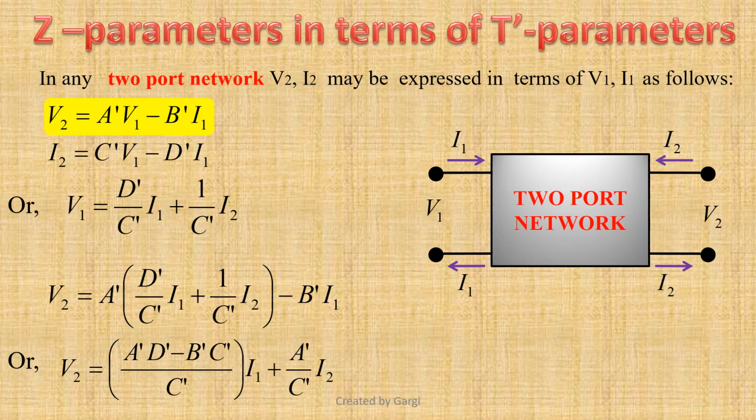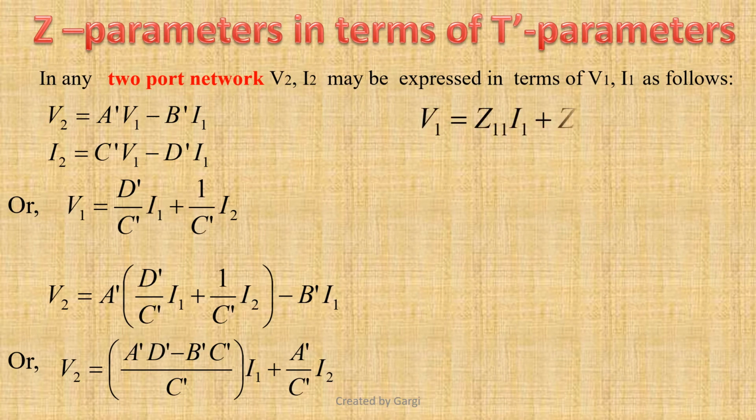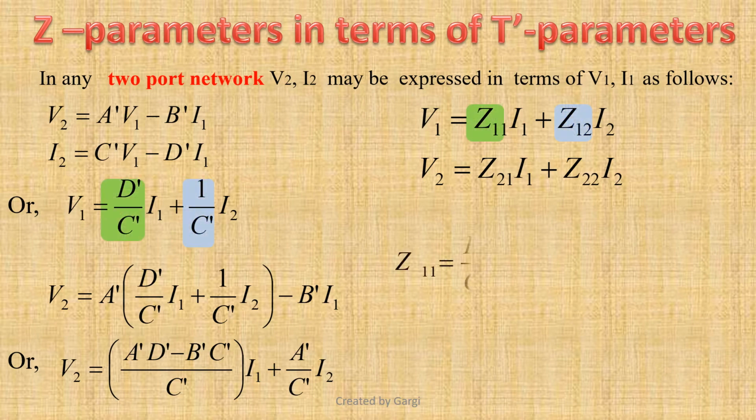Now, when we describe a two-port network using Z parameters, the linear equations used are V1 equals Z11 times I1 plus Z12 times I2 and V2 equals Z21 times I1 plus Z22 times I2. Now, comparing the expressions for V1, we get Z11 equals D dash by C dash and Z12 equals 1 upon C dash.